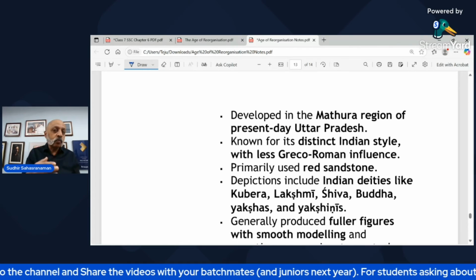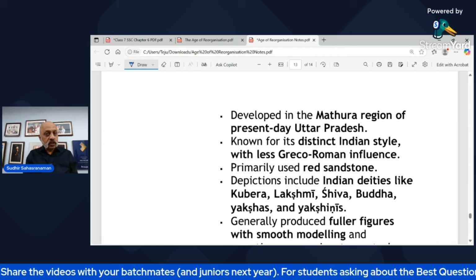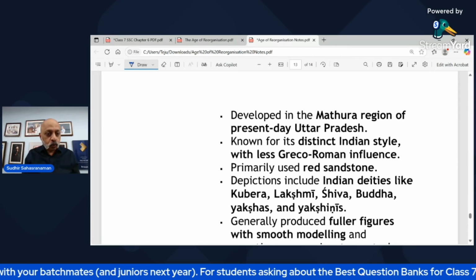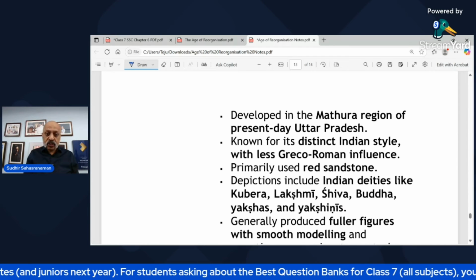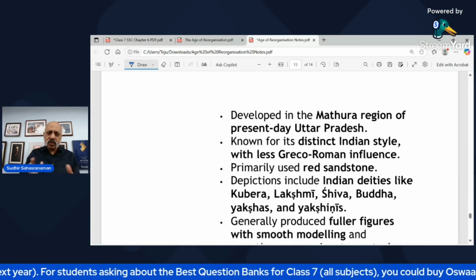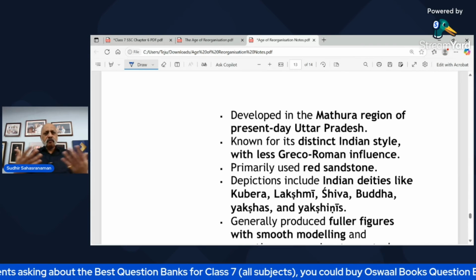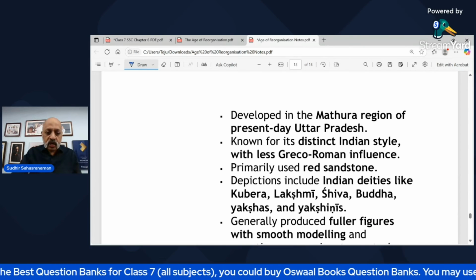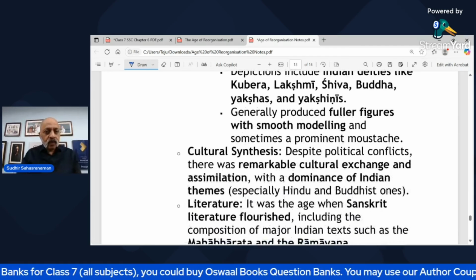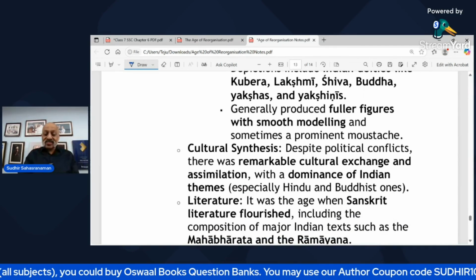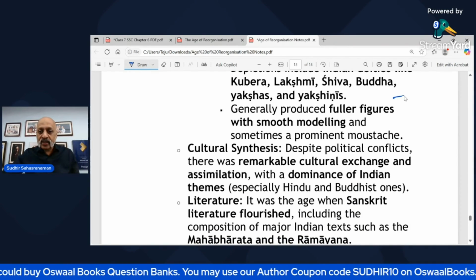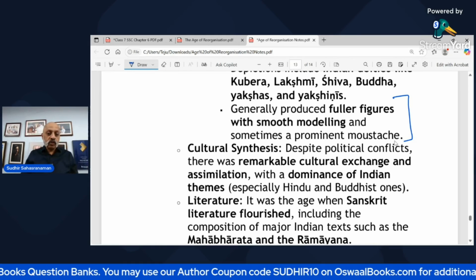Kubera is more of the king of wealth, they say. Shiva, the destroyer. Buddha, Yakshas and Yakshinis. Yakshas and Yakshinis are figures who come in different mythological stories. So this was the style which was followed as far as the Mathura art style was concerned.